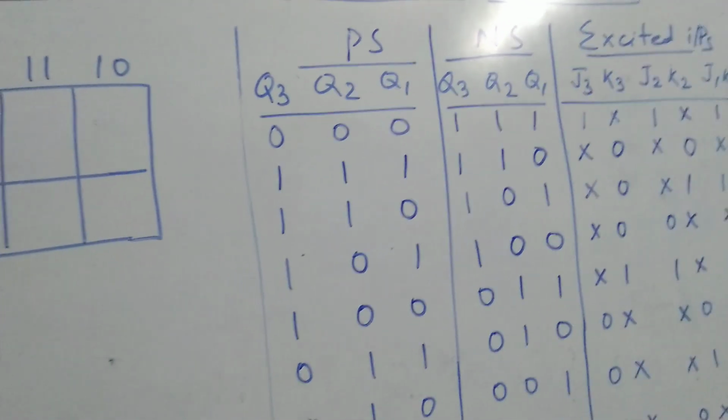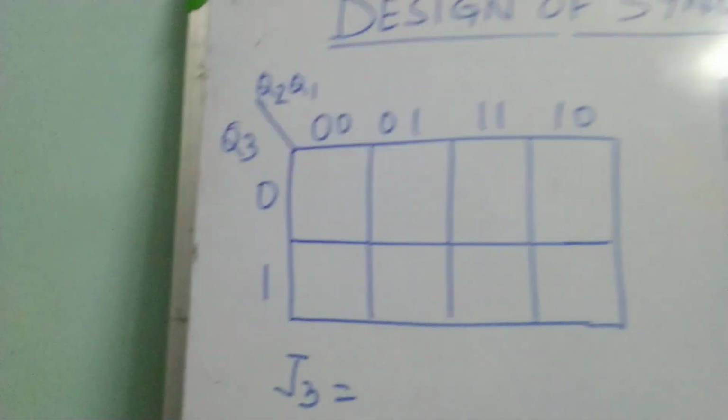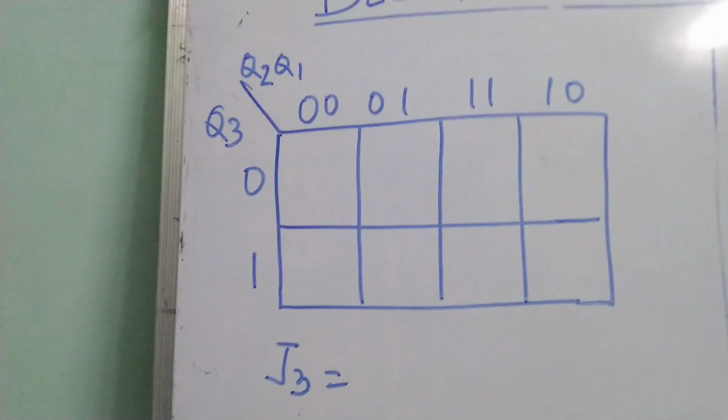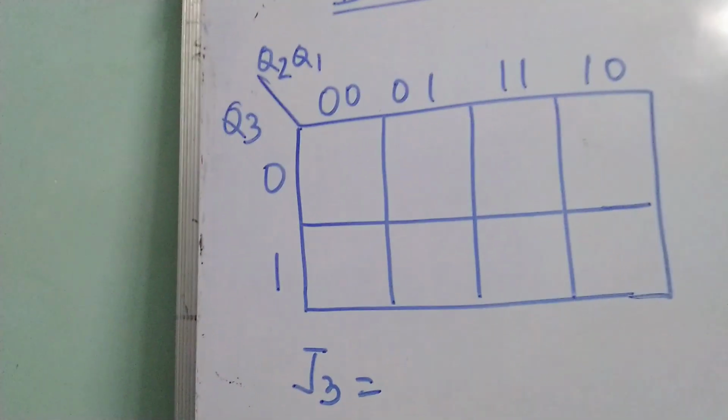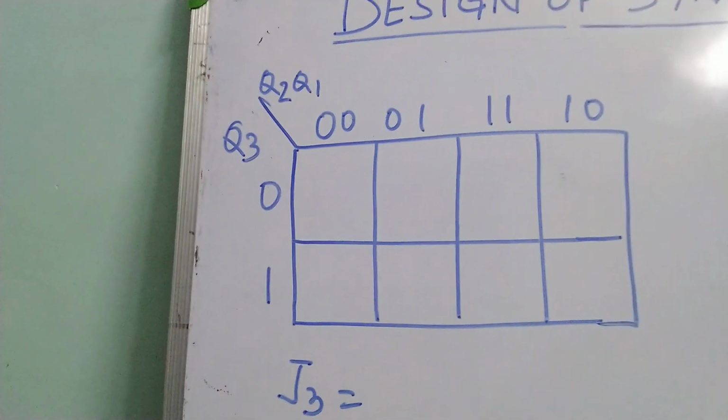To find the minimal expression from the excitation table, we will use the K-map method. First, we find the expression for J3 and we draw the K-map here.